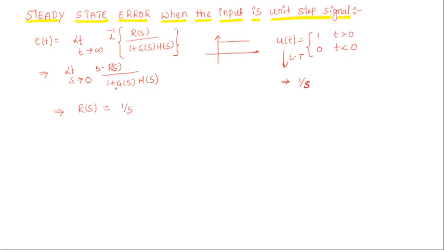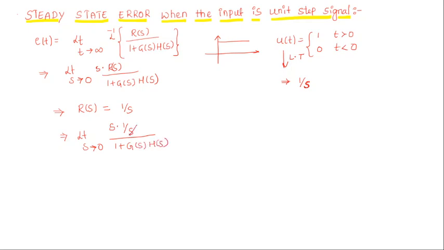Then it becomes limit s tends to 0 s into 1 by s whole divided by 1 plus g of s into h of s.